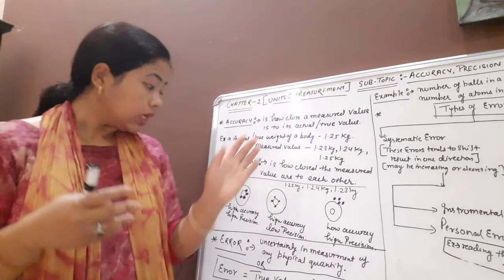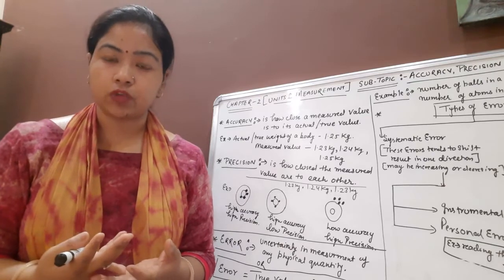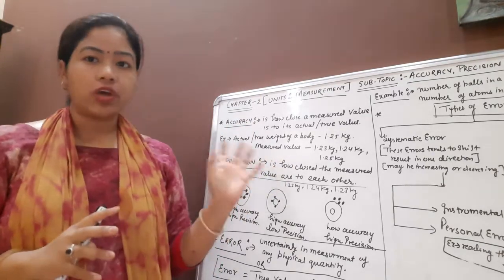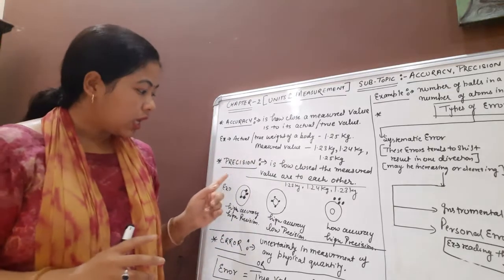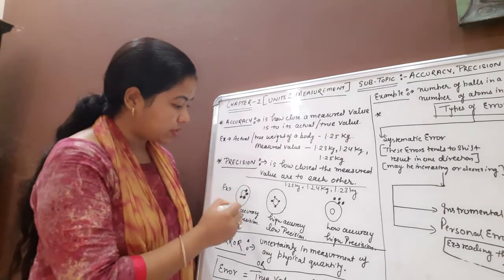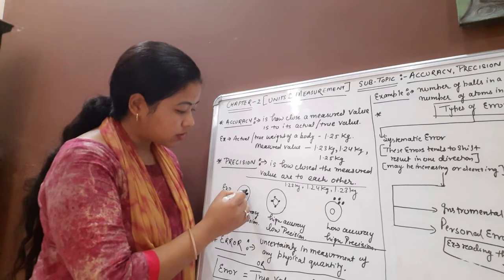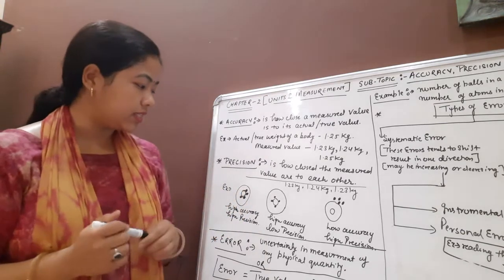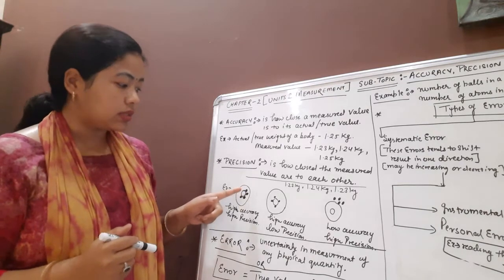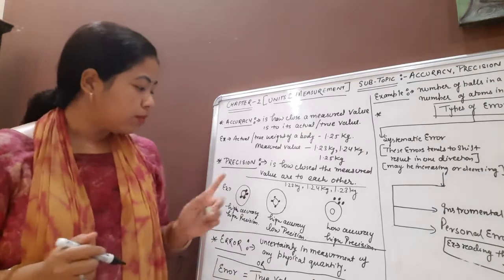Now, with the help of an example, we can establish a relationship between accuracy and precision. Let us take this first diagram. In this diagram we have a hollow circle, a hollow sphere we can say, and very near to this circle we have 4 black dotted points.